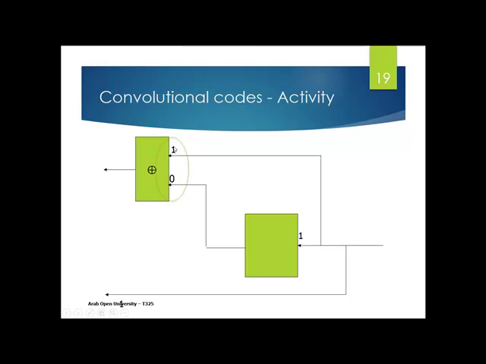Now, as we said in the XOR gate, if the inputs are different, 1 and 0, the output will be 1, and the 1 will be stored in the storage element. So for the first bit, the input 1 gives us 1 1 as an output.